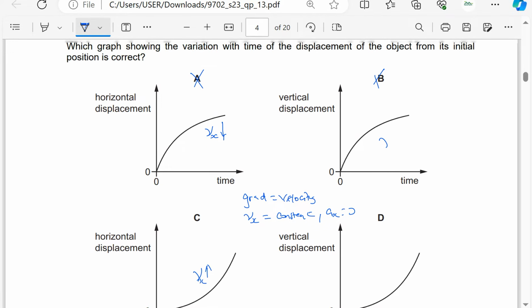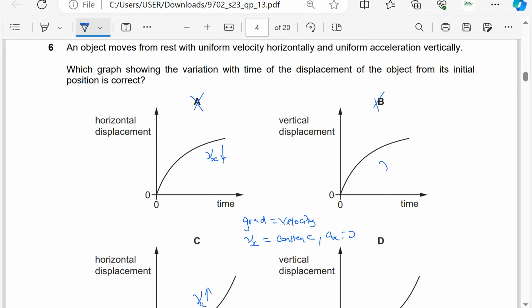Then let's look at the vertical. For the vertical motion, the velocity in the vertical, as the body goes upwards. They said it has uniform acceleration vertically.